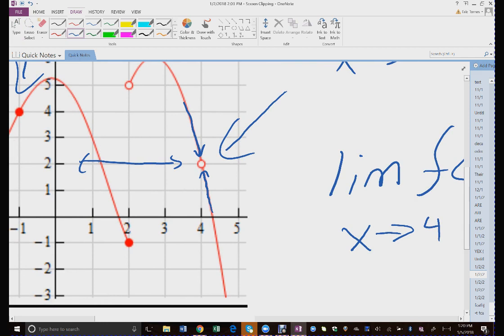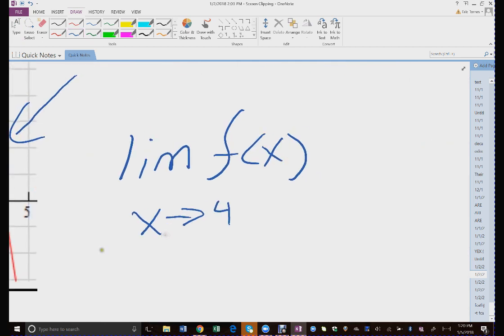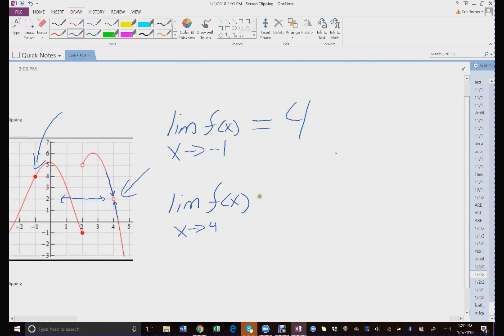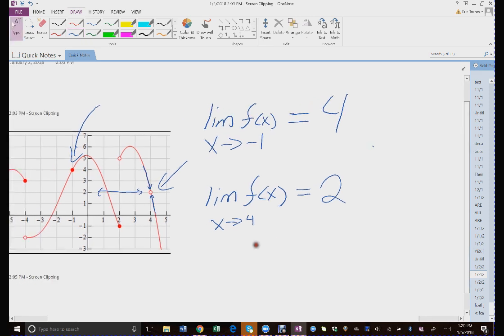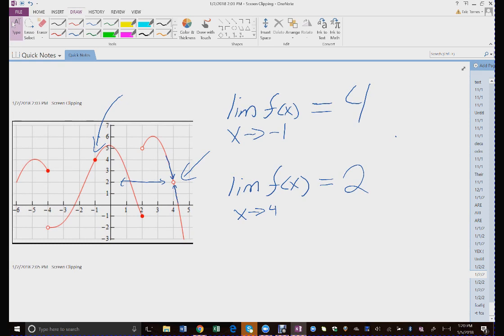So the y value is getting closer and closer to 2 as x gets closer to 4 from either side. So then I can say my limit is 2. That is, my function is approaching 2 as x approaches 4 from either side. Those are key terms, from either side.